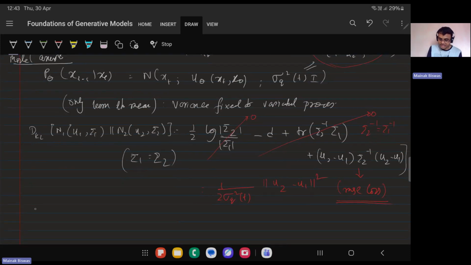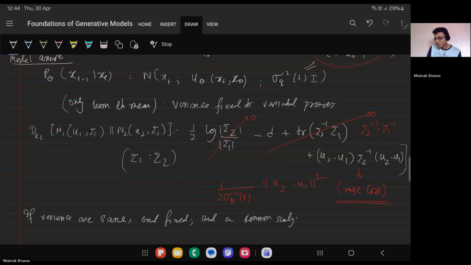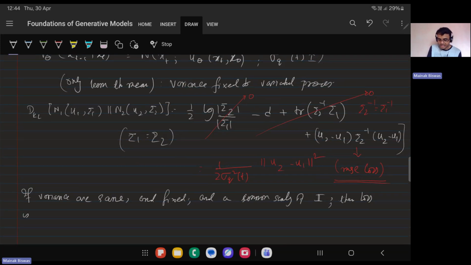So if the variances are fixed and the same, and a common scaling of the identity matrix, then the loss is just an MSE loss, the mean square error loss, right?